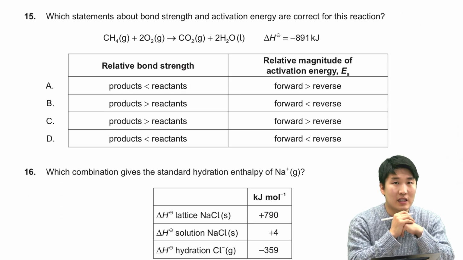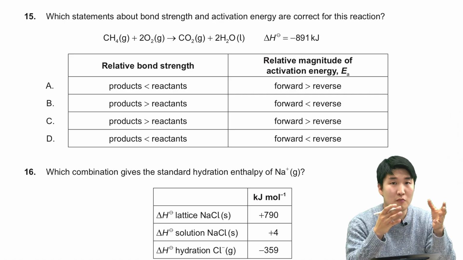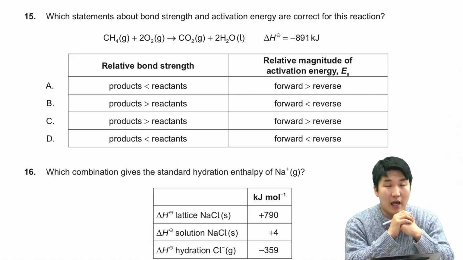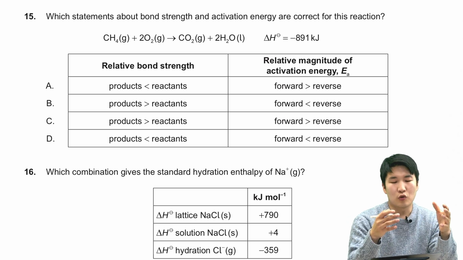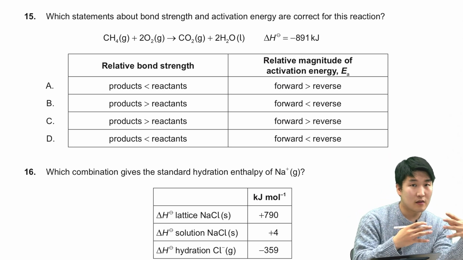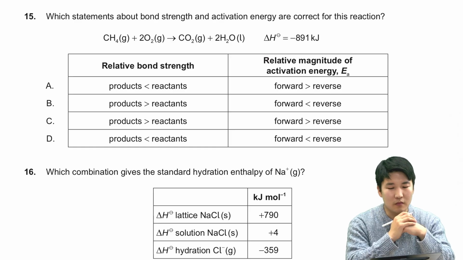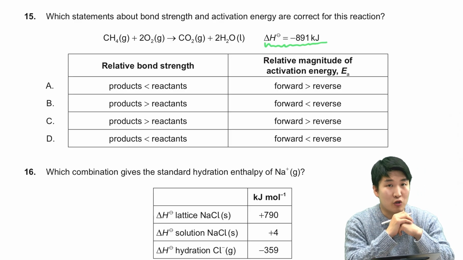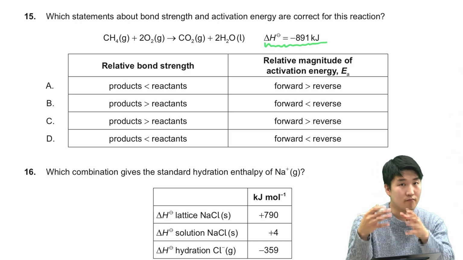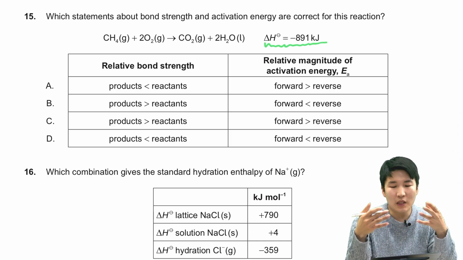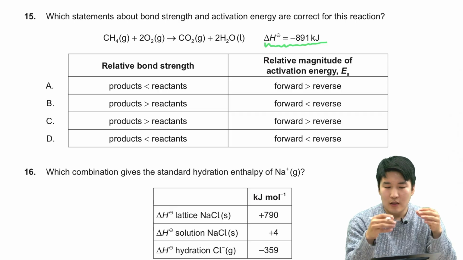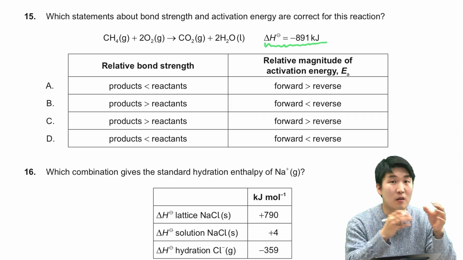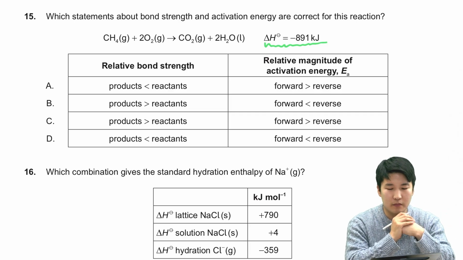Bond strength is indicated by the values of bond enthalpies. We can work out the enthalpy change using bond enthalpies of the reactants and products. But we're already given the enthalpy change value, which is of negative value, meaning that this reaction is exothermic, as we would expect for combustion of methane.